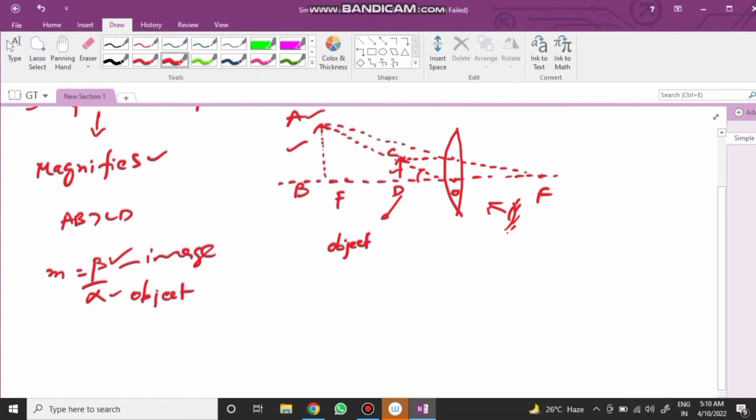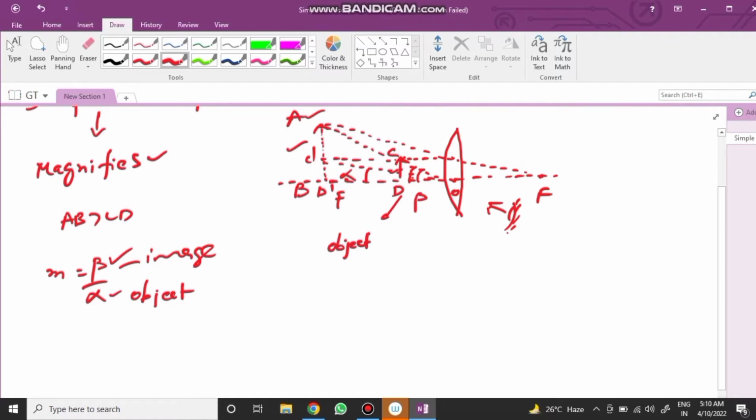Because they are almost in the same line, we will take the CD line here, like C prime, D prime. I'm just taking the projection to get the angle. So this angle will be alpha, and the angle made by the image projection is beta.